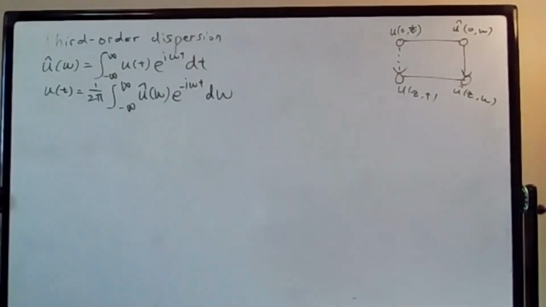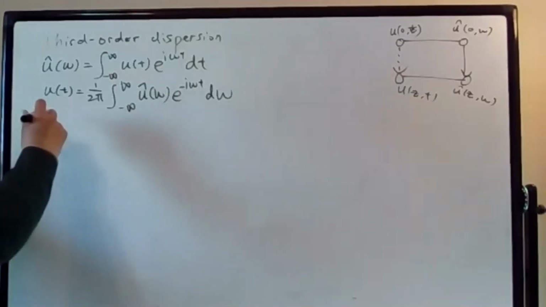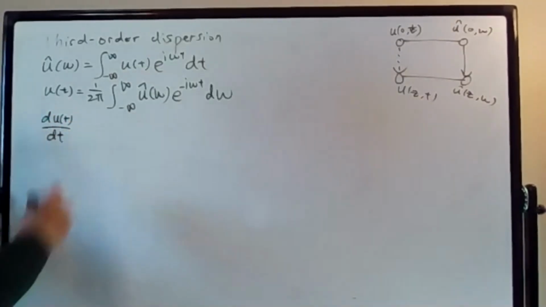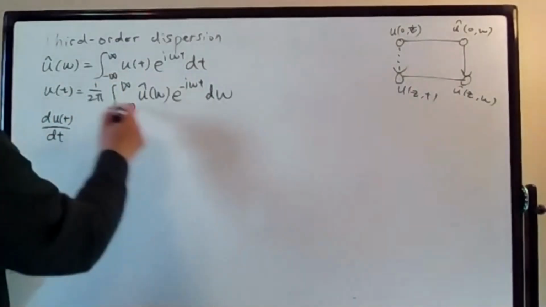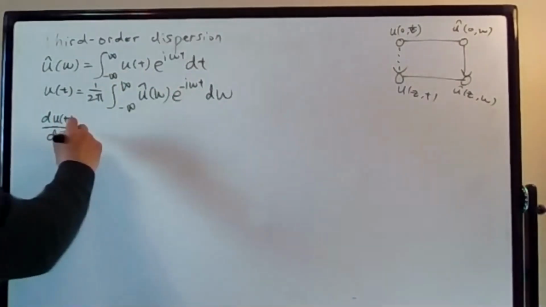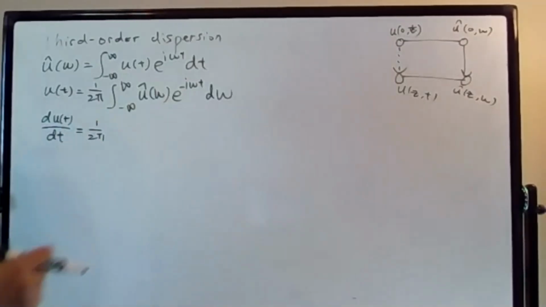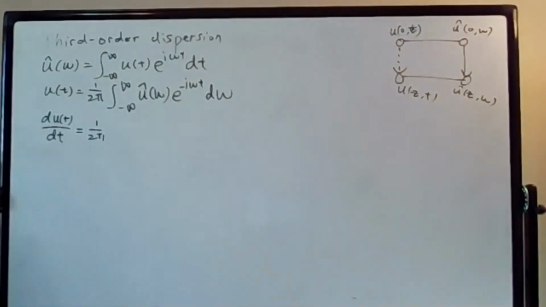Then for this case, we can take a derivative, du dt, with respect to t, and this integral is an integral over omega. The only component that has a t is this exponential negative i omega t.